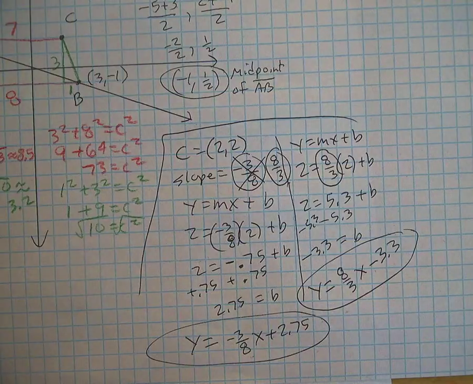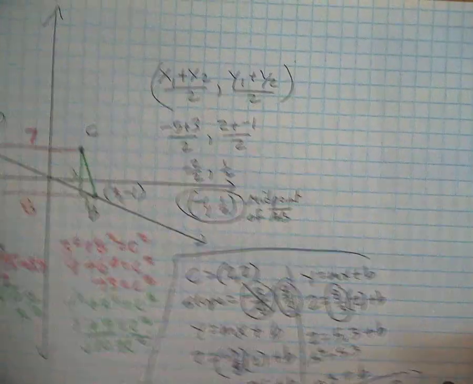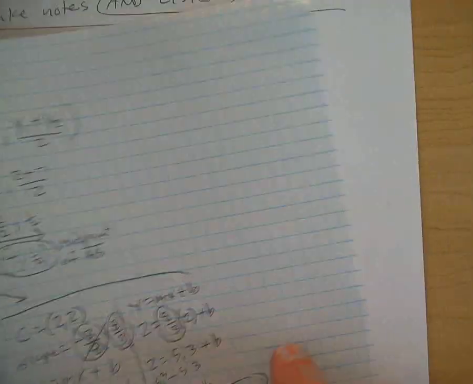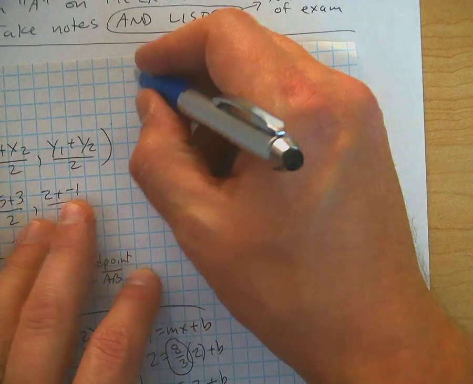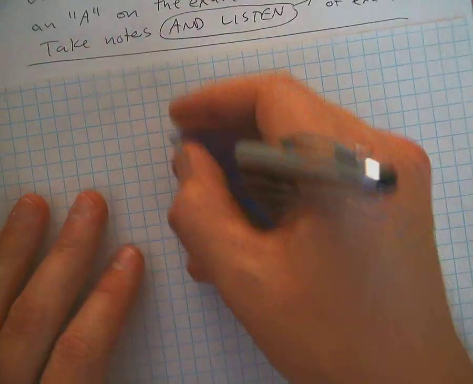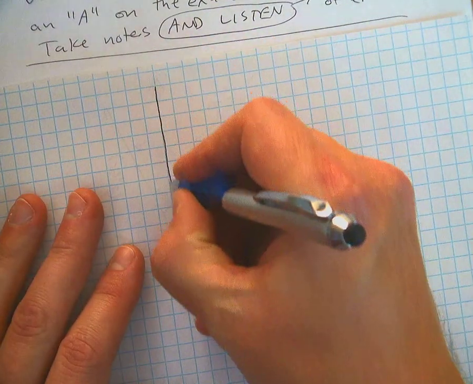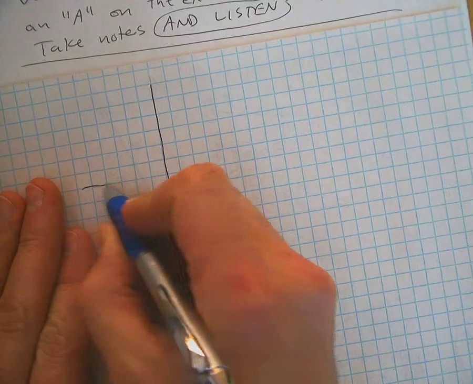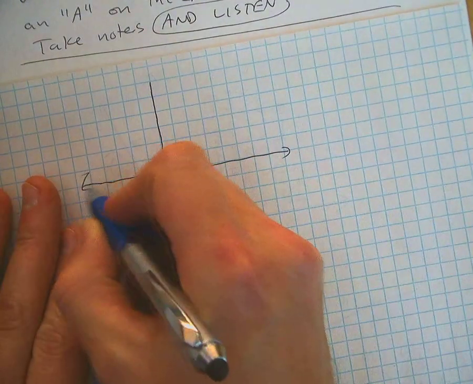We could do this on the graph here off to the side. You could do it on the other side of the graph paper, that's fine. Actually, let's just do that. Flip it over. Why not? Okay, so I'm going to draw an XY coordinate plane.